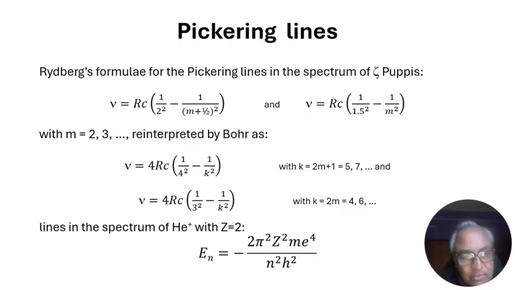And this was confirmed experimentally by Evans, but Fowler pointed out a small 0.04% discrepancy between the observed wavelengths and their theoretical values.